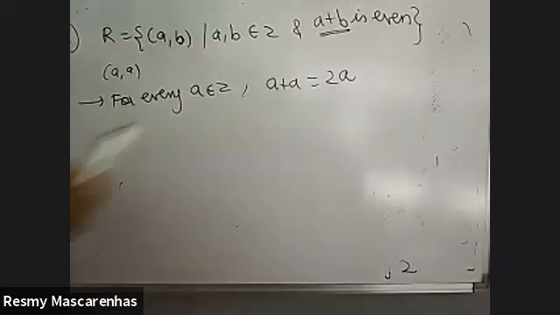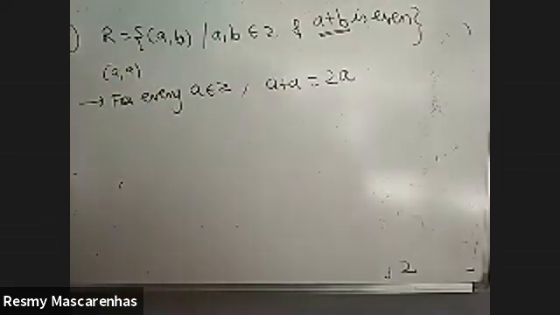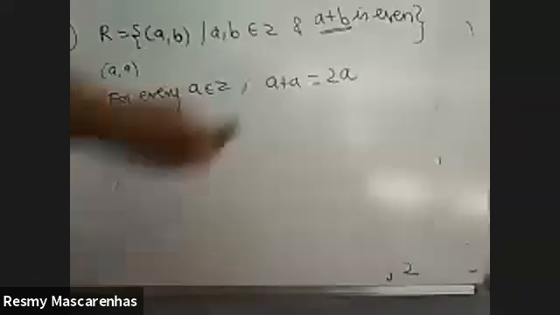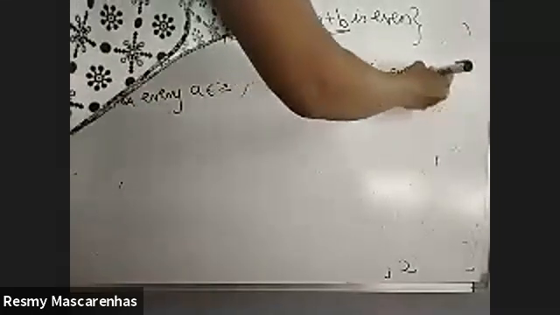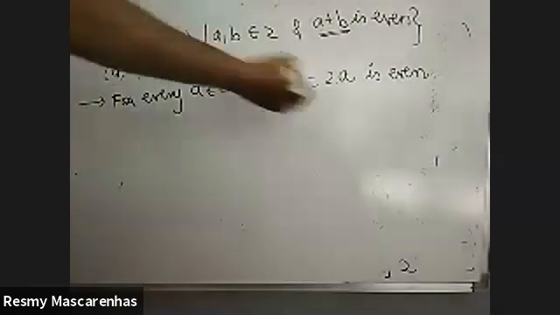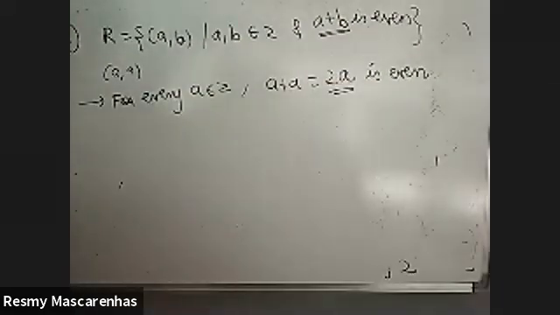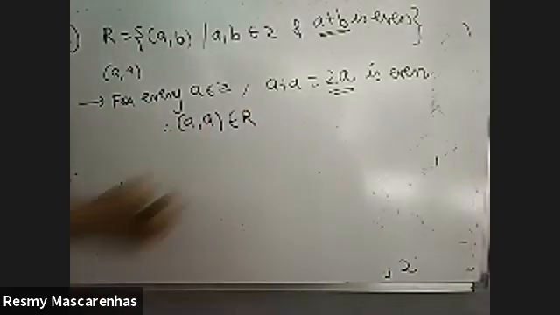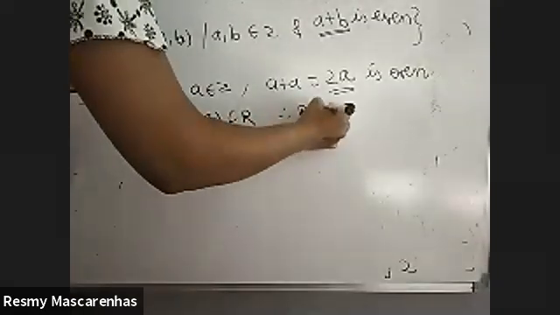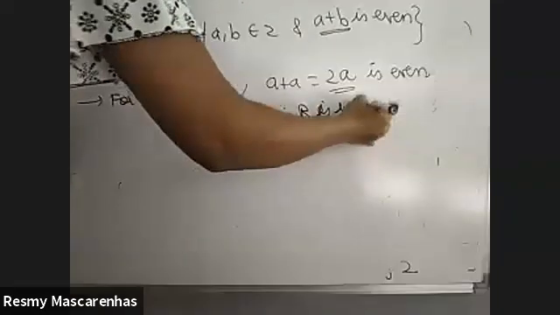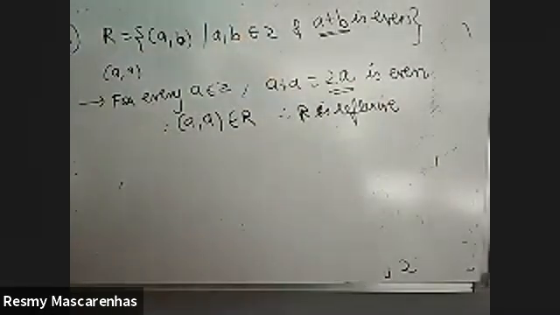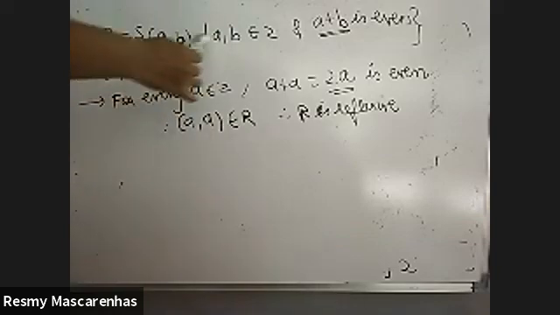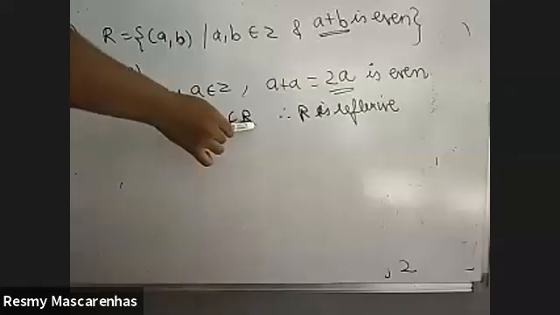Whenever you multiply any number by 2, it turns out to be an even number. Or in short, this can be divided by 2. So you know that it is even. 2A is even, that's why it is holding true. Therefore, A comma A will belong to R. Therefore, reflexive. Belonging to R means this is a relation, and it is holding true, that this condition is true.